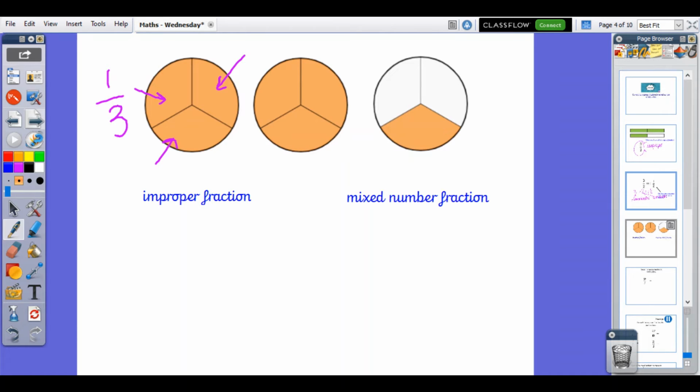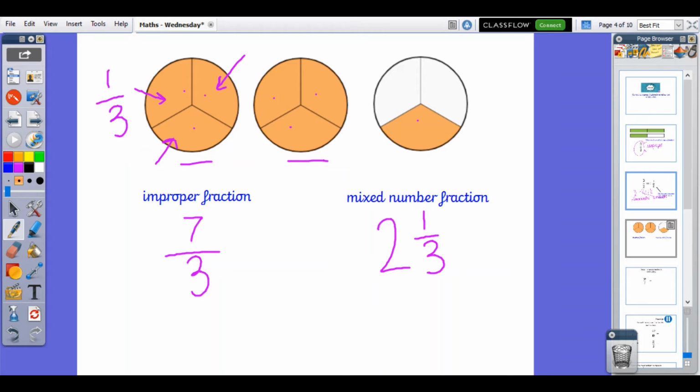Okay, so you should have worked out that there are 7 parts highlighted. So we've got 7 as our numerator, and our circles were split into 3. So we have got 7/3. Then we can look at the circles again, and we can see we've got 2 wholes and I've got 1/3 left over. So my mixed number fraction would be 2 and 1/3.